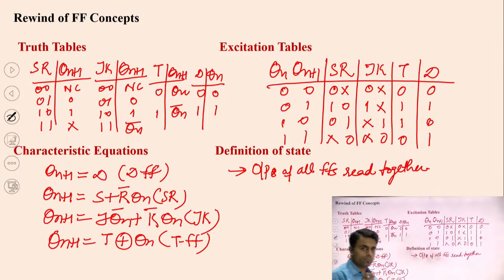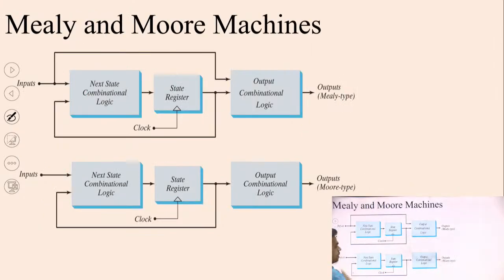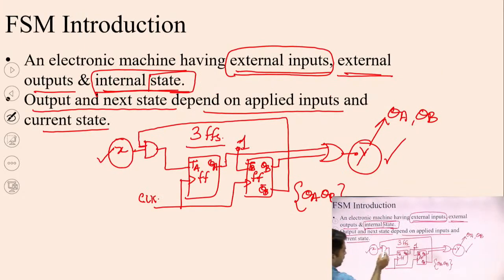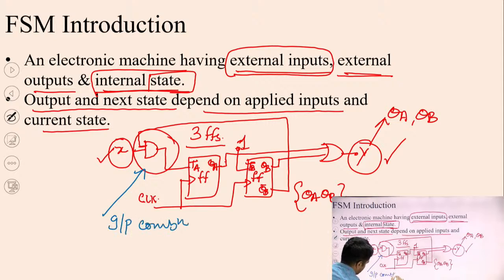Now we can start our main topic, which is FSM. FSM is of two types. The first one is Mealy, the second one is Moore. In your previous slide, you can see that there is an input gate. I am changing the color. This AND gate is a combinational circuit, the input combinational circuit.